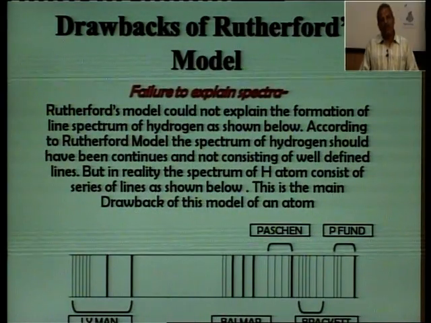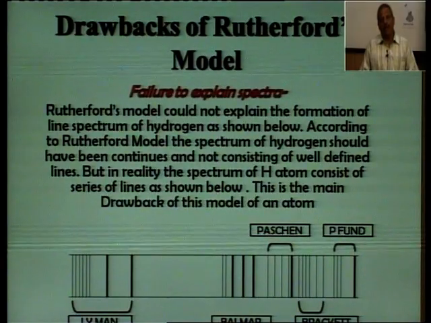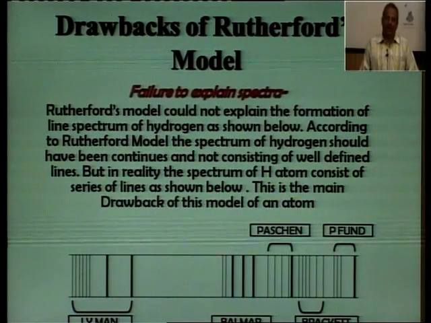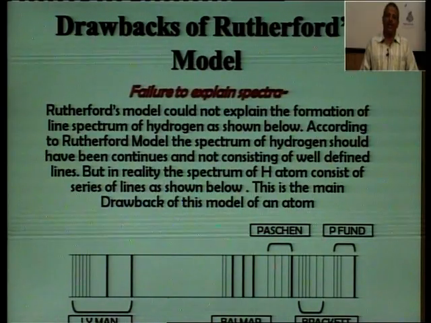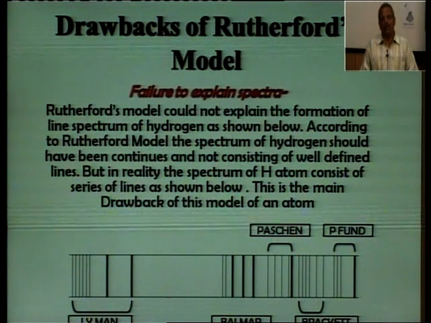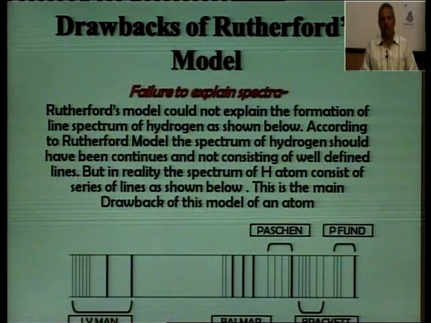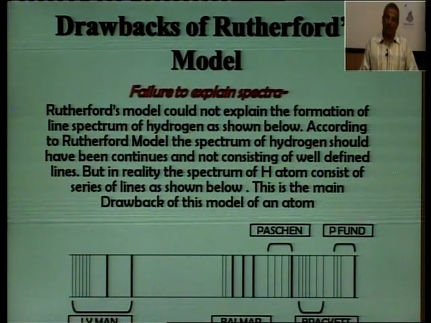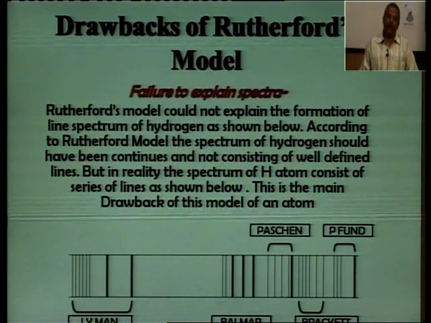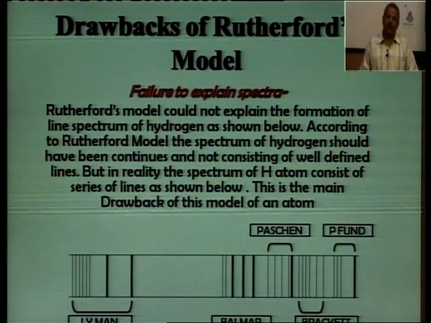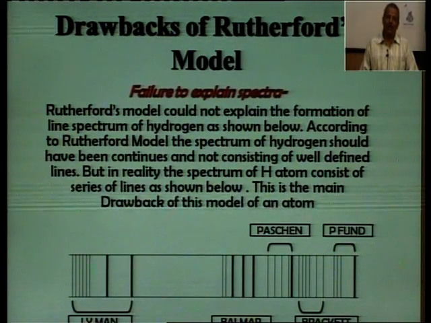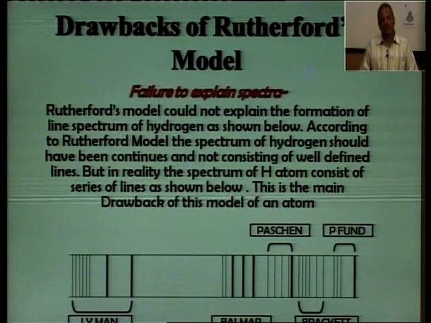The Rutherford model of an atom cannot explain the atomic spectra of the hydrogen atom. Rutherford's model could not explain the formation of the line spectrum of hydrogen. According to Rutherford, the electron is revolving around the nucleus in a fixed circular path, so there should be one band.